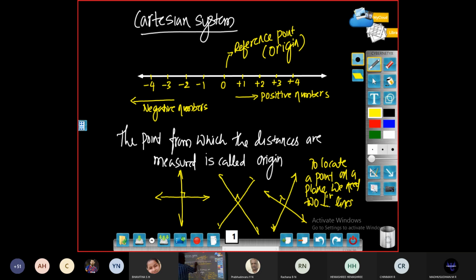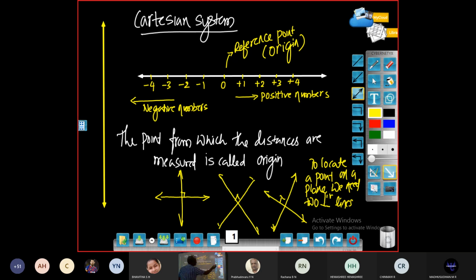So this one line is not enough. So we need to take one more line, which is vertical. What I have written, one number line is a horizontal number line. You can take another number line which is vertical. So I am going to draw another line like this, a vertical line.